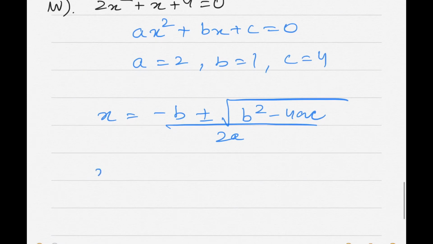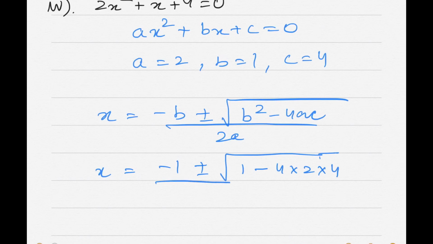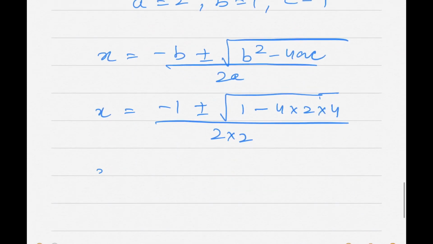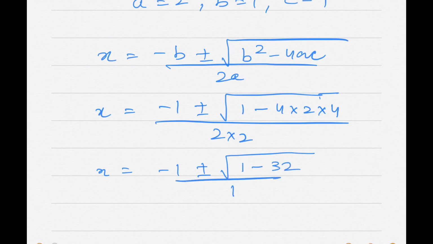Let's substitute the values. Minus b is minus 1 plus minus square root of b square, which is 1, minus 4 into 2 into 4, by 2 into 2. So x is equal to minus 1 plus minus square root of 1 minus 32, by 4.